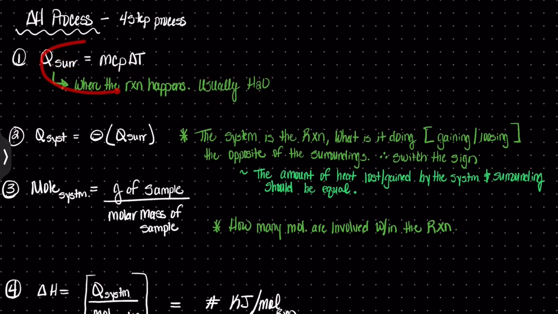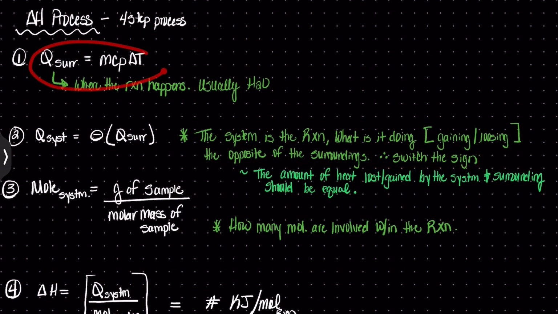You calculate Q of the surrounding first, then you move into Q of the system. The system is the reaction that's happening inside of the water, and it's usually doing something, either gaining energy or losing energy, which would make it the direct opposite of the surroundings. So all you gotta do is switch the sign.